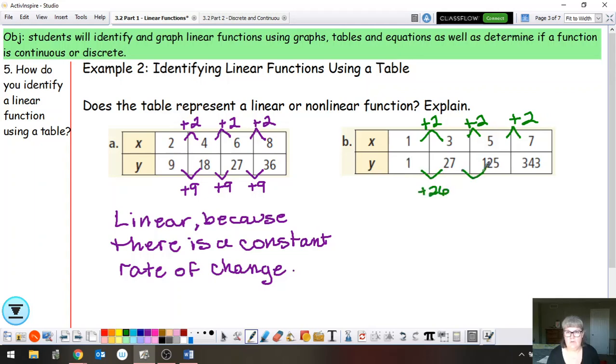And then we increase by 125 minus 27, an increase of 98. Now that isn't the same increase, so this is going to be nonlinear, because there isn't a constant rate of change.